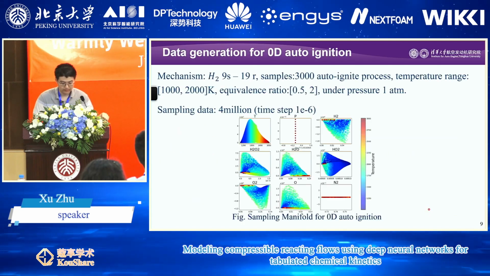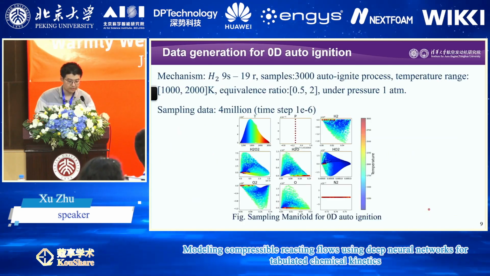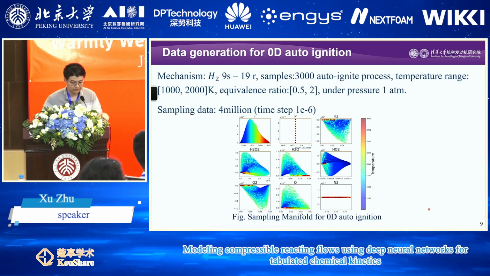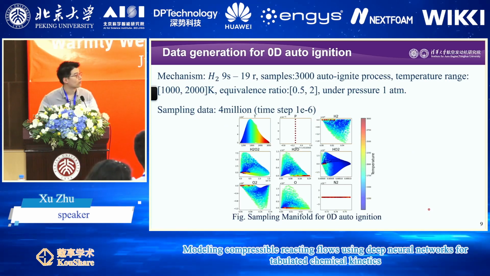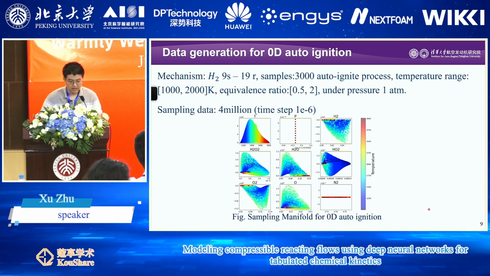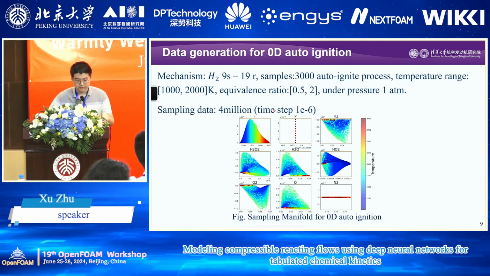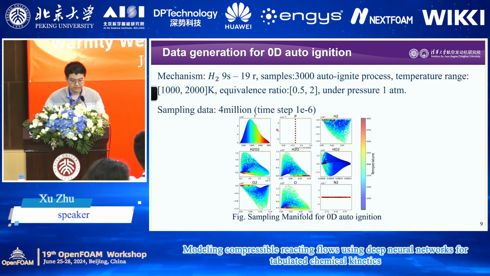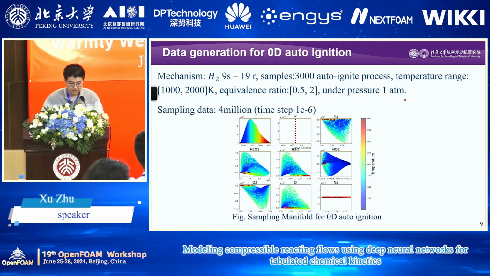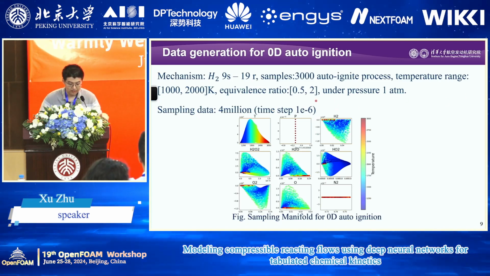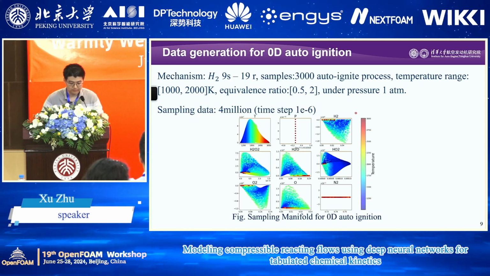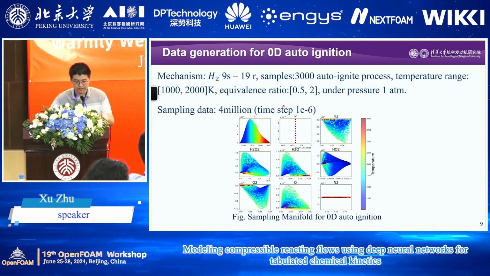So here is the data generation process for 0D autoignition. Here we apply the hydrogen mechanism with 9 species and 19 reactions. We sample the data from 3,000 auto-ignition processes, and the temperature, equivalence ratios, and pressure are shown in the list.